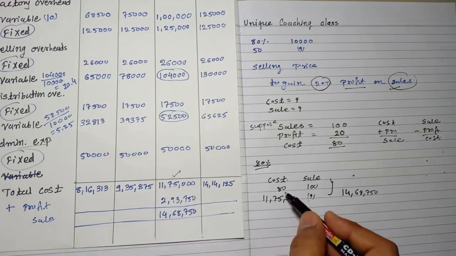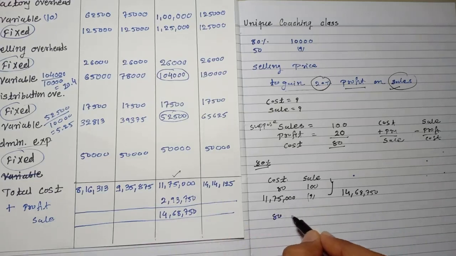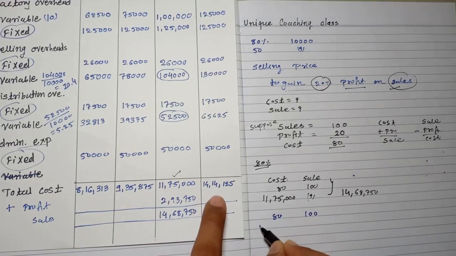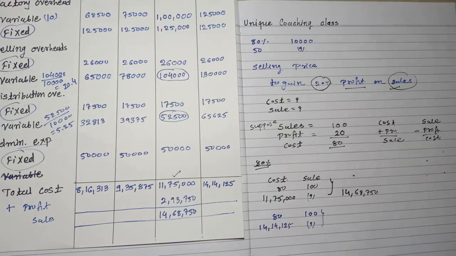The same calculation for 100%. Let's do that. Here same step. Cost 80, then sell 100. Here cost 14,14,125, how much will it be? Okay, 14,14,125 into 100 divided by 80.